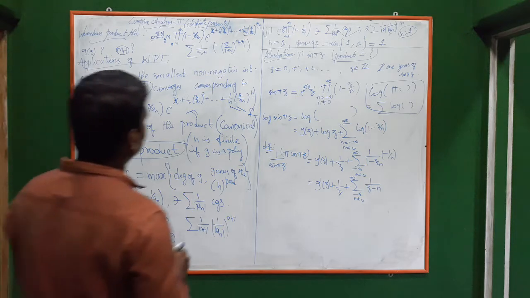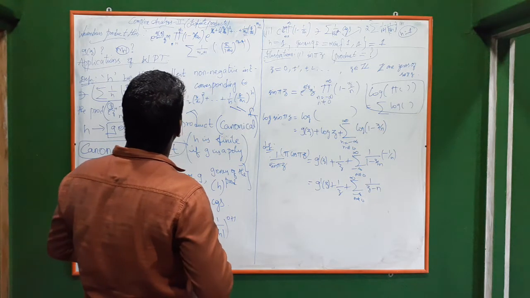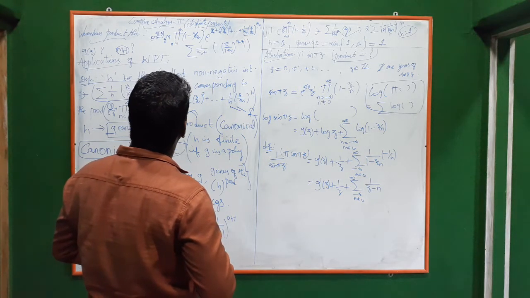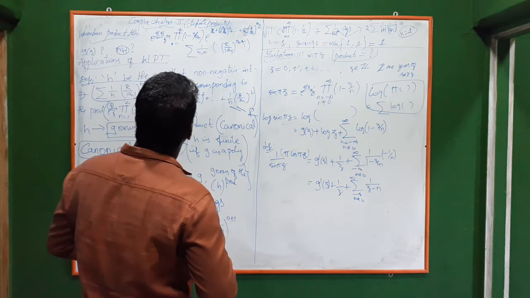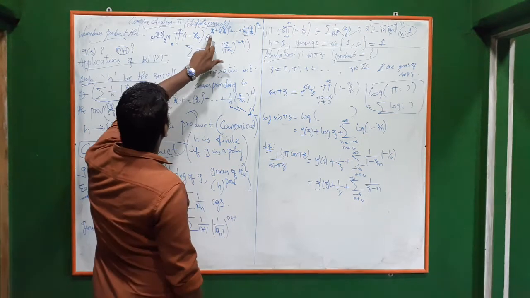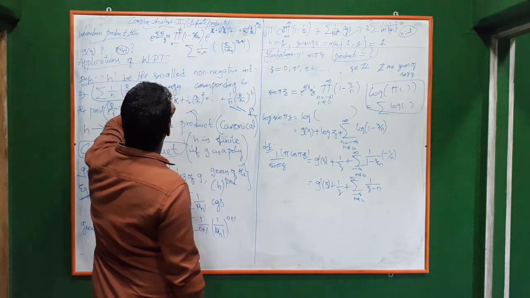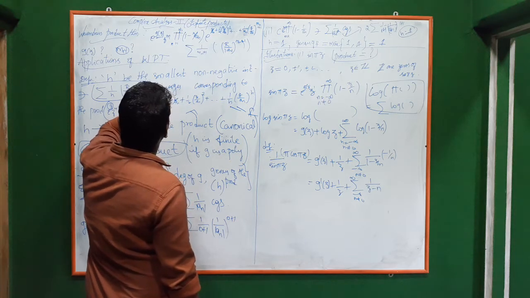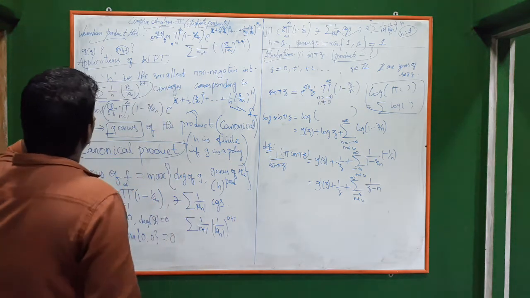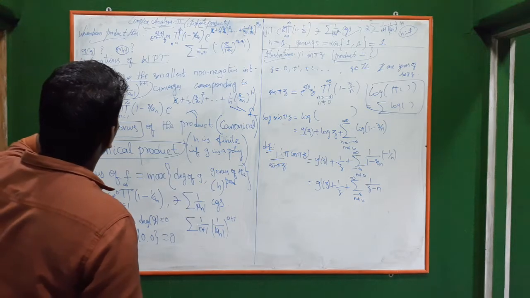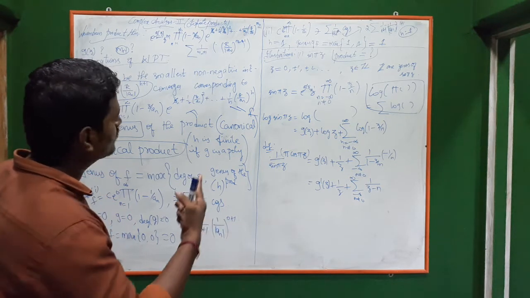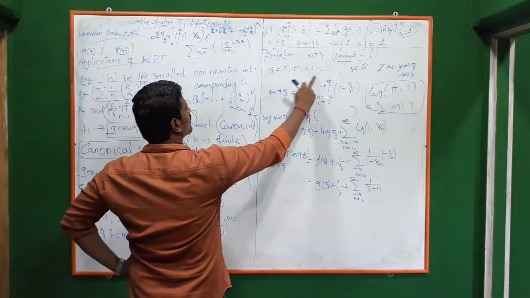Sorry, here one term is missing. See here, we have to mention e power z by a_n. Here each zero is of order 1, correct? Each of the zeros is of order 1.